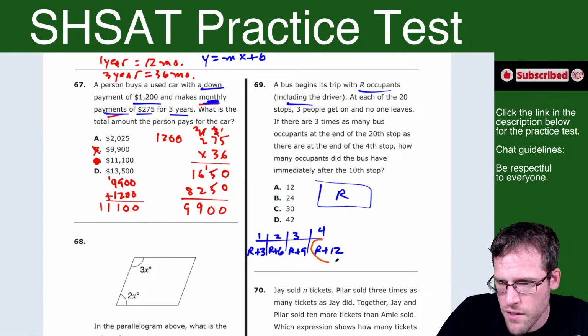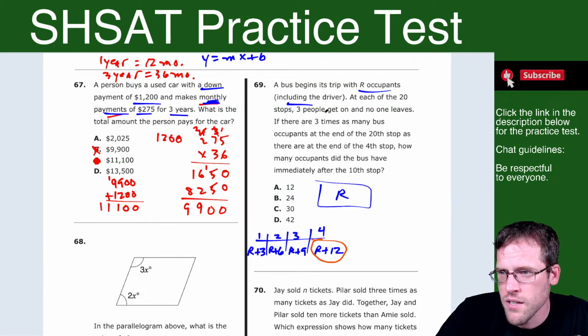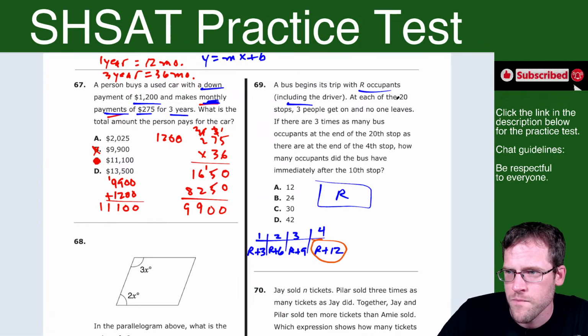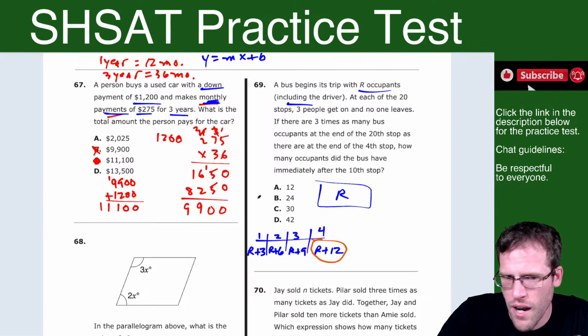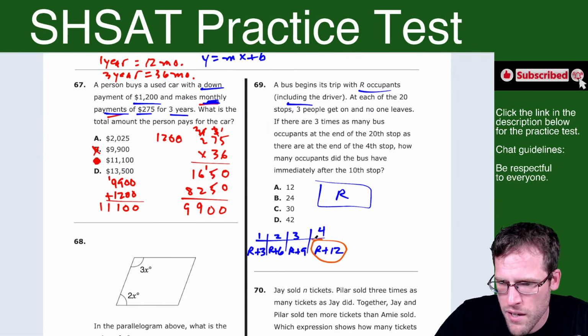So what they're telling us is at each stop three people get on, no one leaves. So this is kind of like an arithmetic sequence.